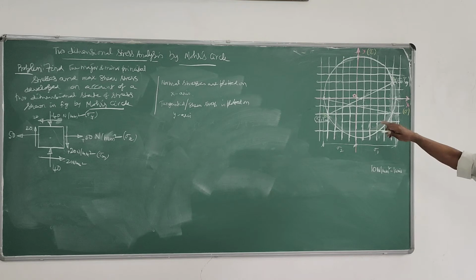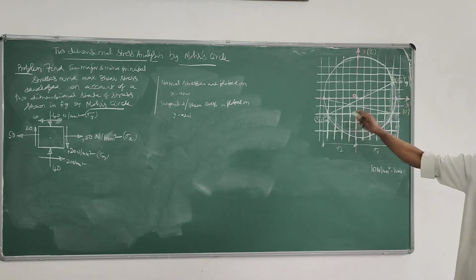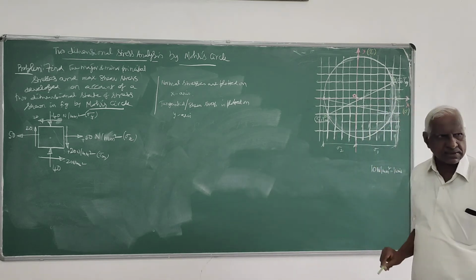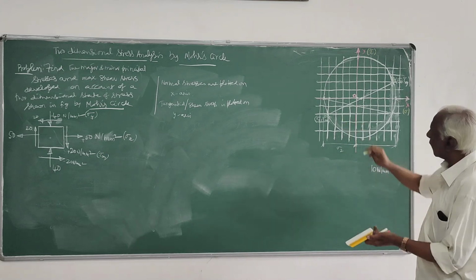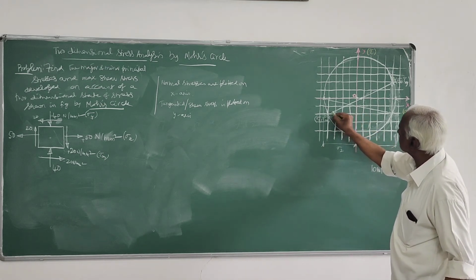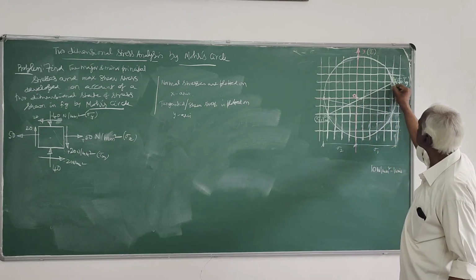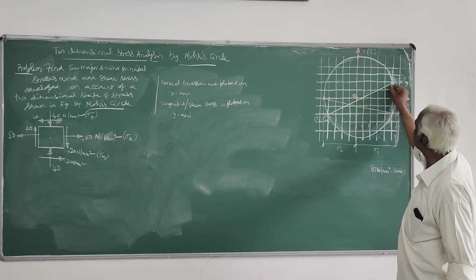Always we take the horizontal normal stress first. That's why I took the vertical plane first, then the other one, A and B. Once you get these 2 points in this Cartesian coordinate system, you join these 2 points. Like this, you join A and B.